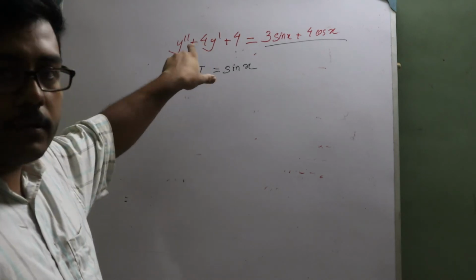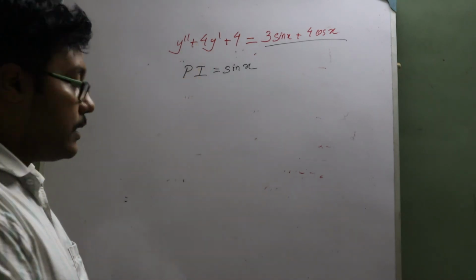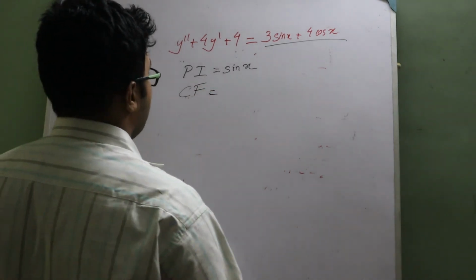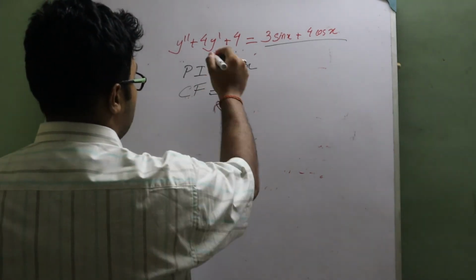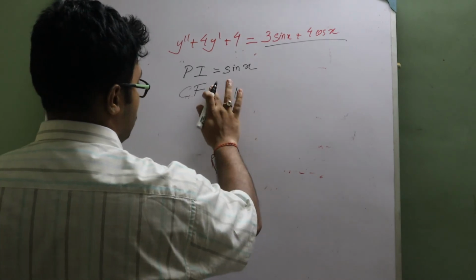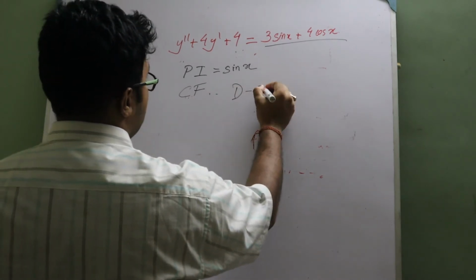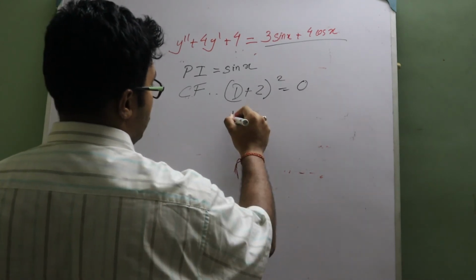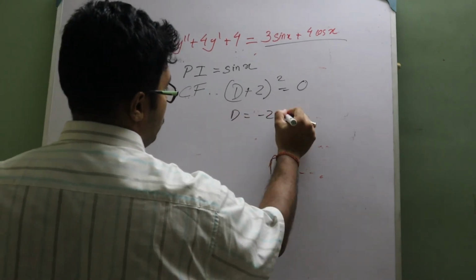As you can see, I have shown you the PI is sin x. We have to find the CF also. The CF, as I can see, D plus 2 whole square is equal to 0. Then D is equal to minus 2, minus 2.